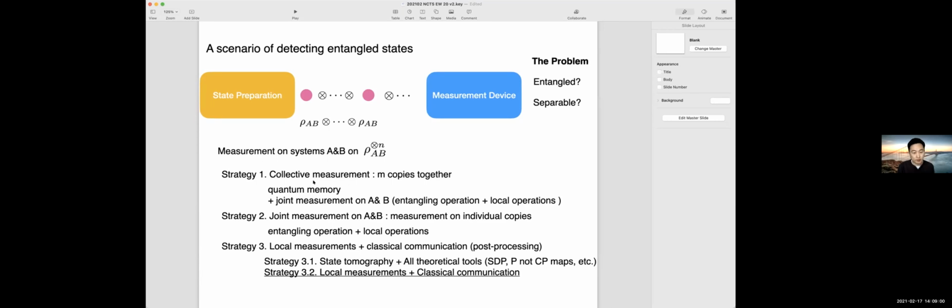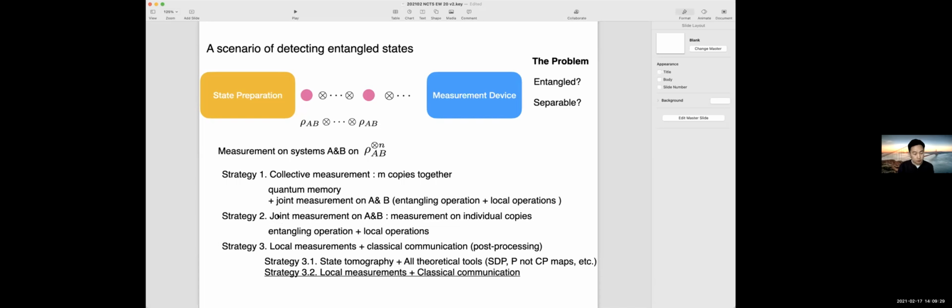In order to realize collective measurement, which means we perform measurement on m copies altogether, we need quantum memory, which is a device to store quantum states at the quantum level for a while, and then we perform the joint measurement. Okay, and this is actually maybe the most difficult level in quantum measurement.